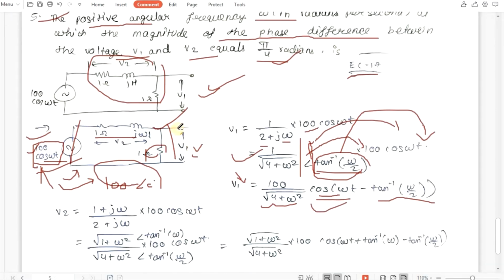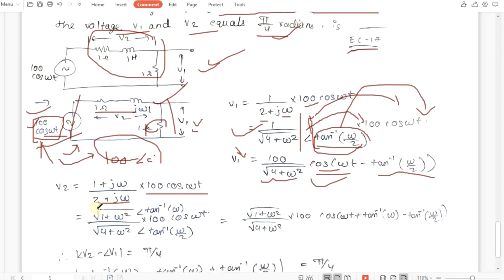Now similarly if we calculate for V2, V2 will be 1 plus j omega upon total reactance, so it will be 1 plus j omega plus 1, so 2 plus j omega into input. If we take magnitude and angle, it will be under root of 1 plus omega square, and angle of tan inverse of omega by 1. Imaginary is omega, real part is 1, so it will be tan inverse of omega, and for this denominator it will be under root of 4 plus omega square, angle tan inverse of omega by 2.